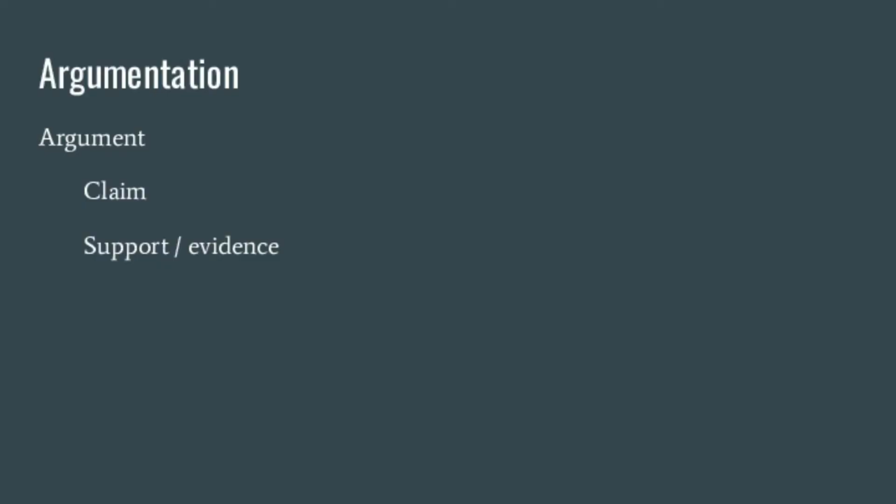And each of those claims is probably going to need support or evidence, and that includes explanations of why the claims support the argument. So the argument is a main claim, and it in turn consists of several more specific claims that support the main claim.